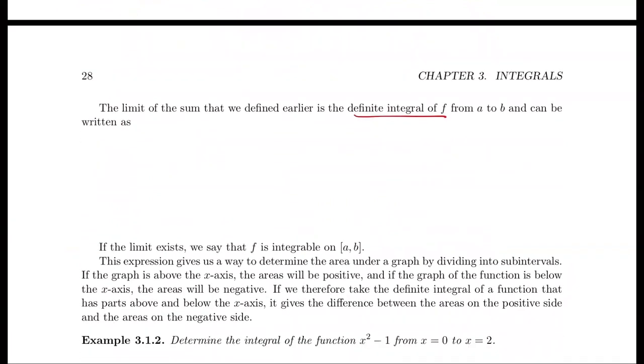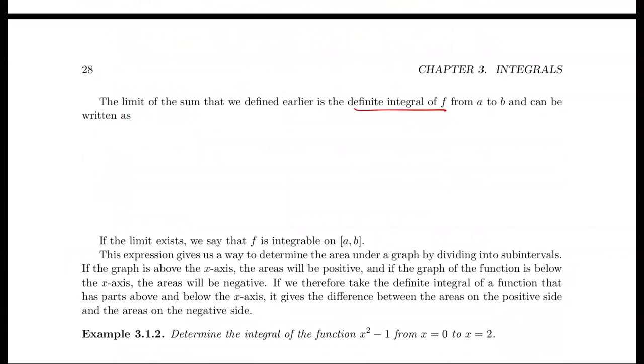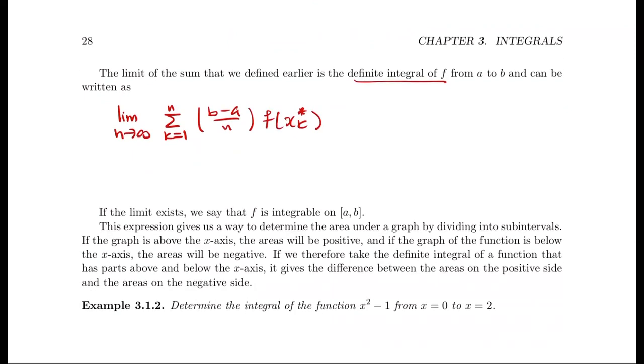And so we could write this as the limit as n approaches infinity of the sum from k equals 1 to n of b minus a divided by n times f of xk star. We're actually going to use a little notation here. So this b minus a divided by n, we're going to denote by delta x, which is the width.